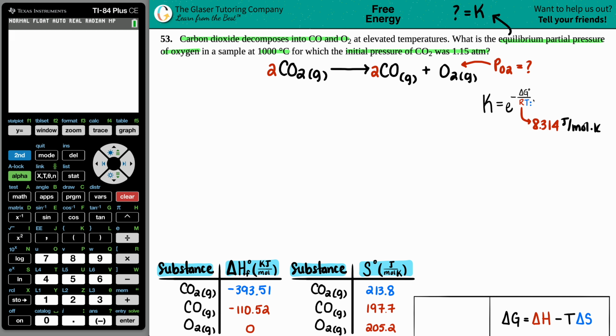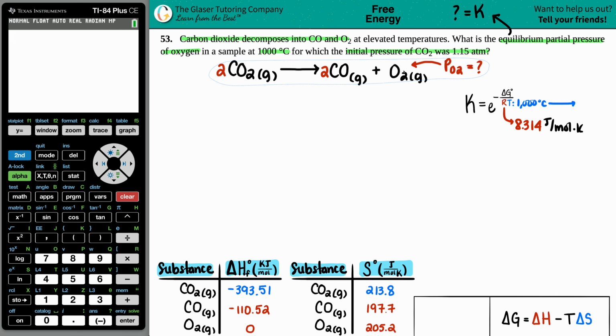So right now, the temperature is 1000 degrees Celsius, but that's okay because I can convert that into the Kelvin value, right? Celsius to Kelvin, plus 273. More specifically, you could add 273.15 to get a more accurate answer. So that's what I'll do. So this turns into 1273.15 Kelvin.